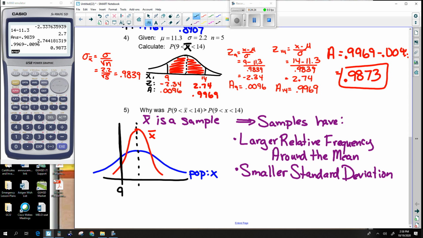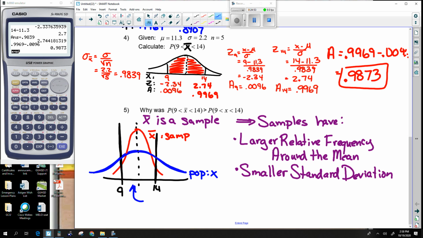And we have this number 14, which is over here somewhere. What percentage of the blue curve was between 9 and 14? So again, you see this blue curve, and so yeah, a lot of it is in between the 9 and 14.